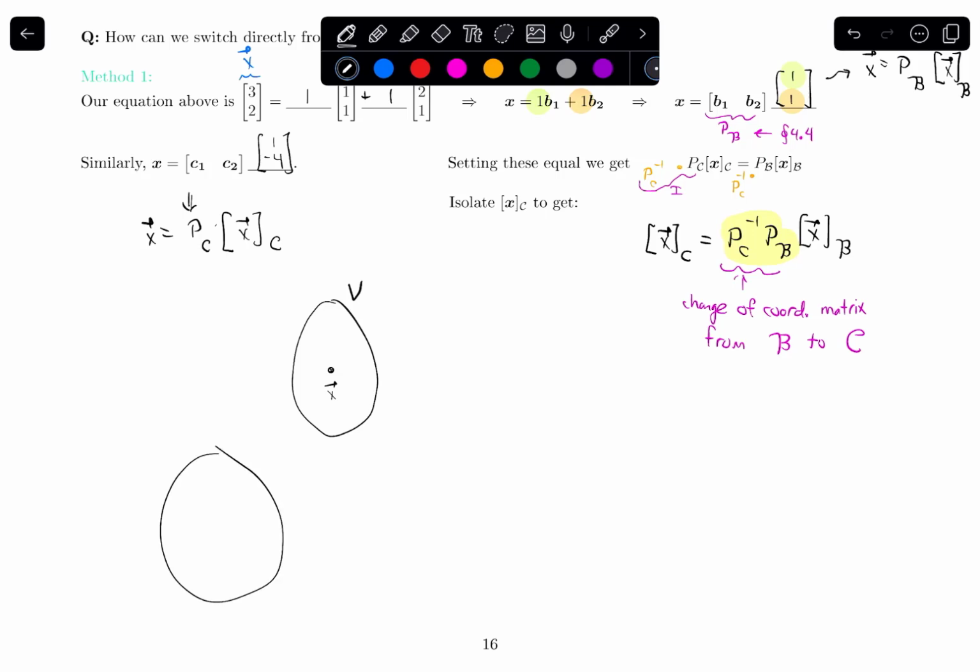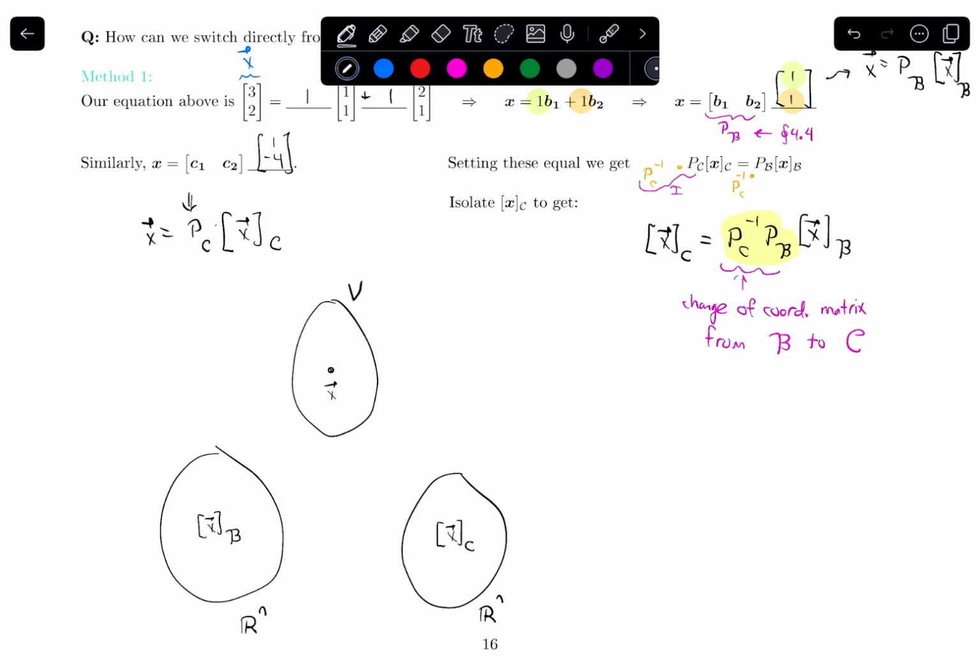So the first coordinate vector was in terms of this basis B. And when I write that coordinate vector, now this is just a column vector. So it's something in Rn, assuming there's n entries in that coordinate vector. But I can also do this. I can also convert that x to a coordinate vector in terms of a different basis, in terms of that basis C. And when I do that, again, I get a column vector. So it's going to be some vector in Rn.